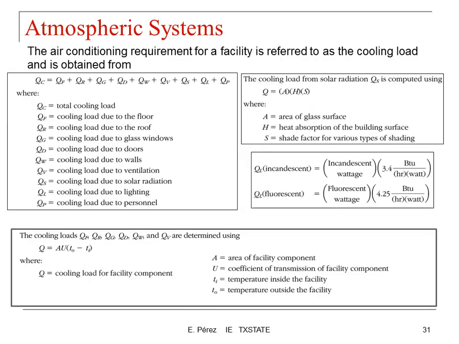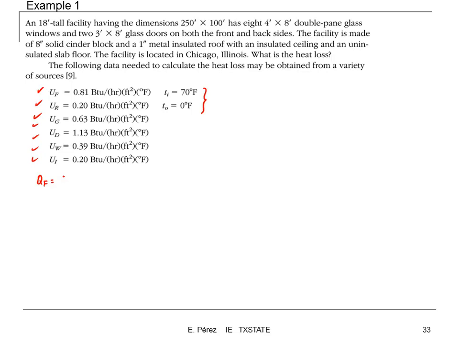So Q equals the area times UF times Ti minus T0. So the area for the floor is given by this. So it's 250 times 100. So this is equal to 25,000 feet squared times the U factor for that heat loss.